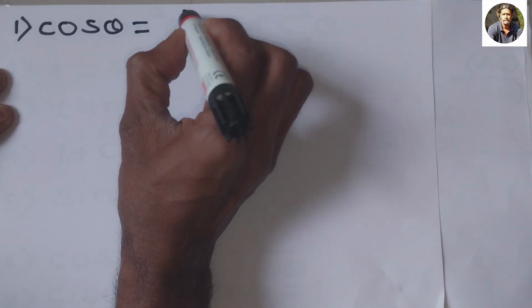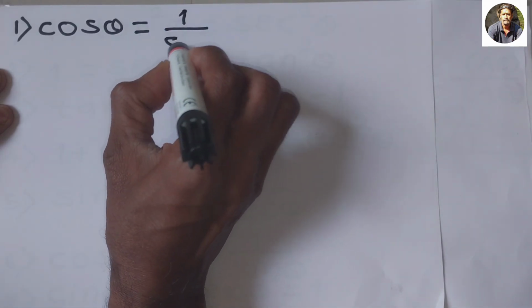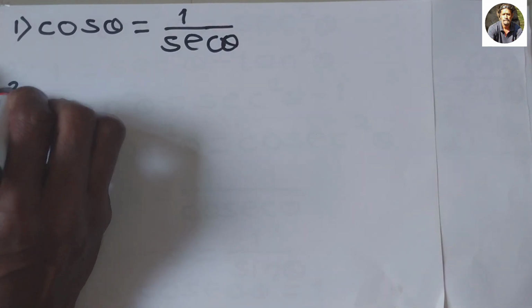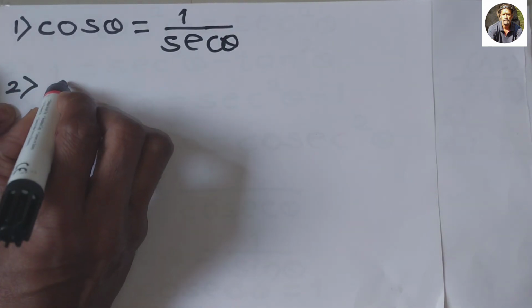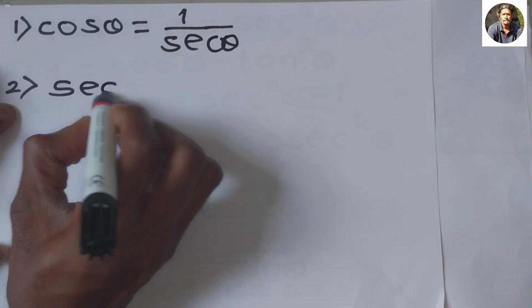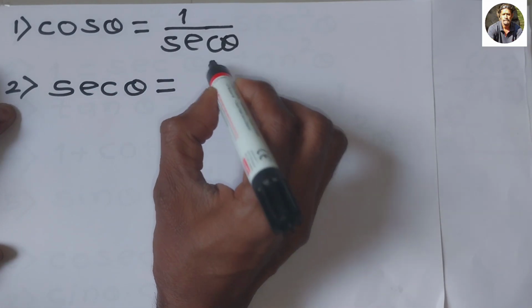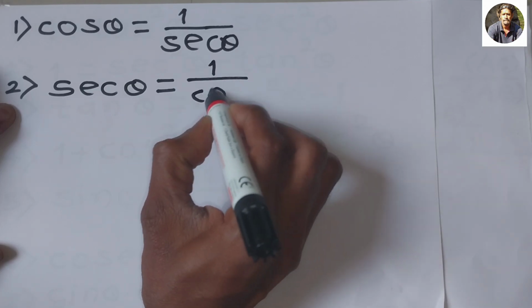Similarly, cos² means 1 upon sec². Same way we change positions, so sec² is equal to 1 upon cos².